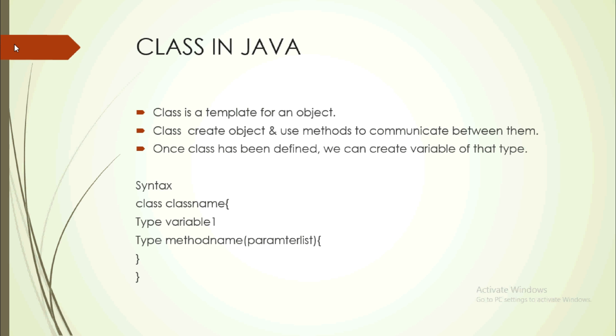A class is a template of an object. That means a class is basically a collection of objects. If I consider a real world example, say I am sitting in a room and I think about the things over here: there is a chair, a table, a door, a window.